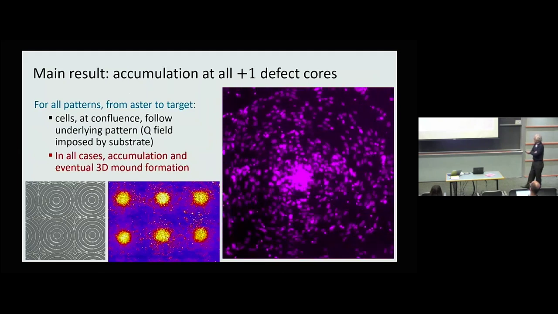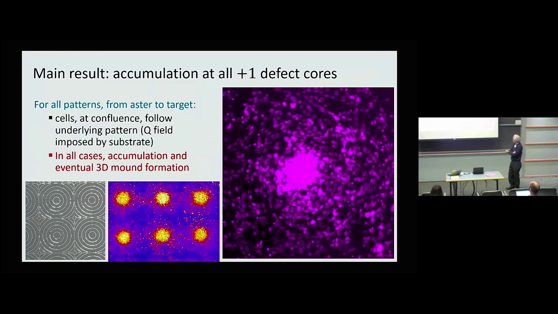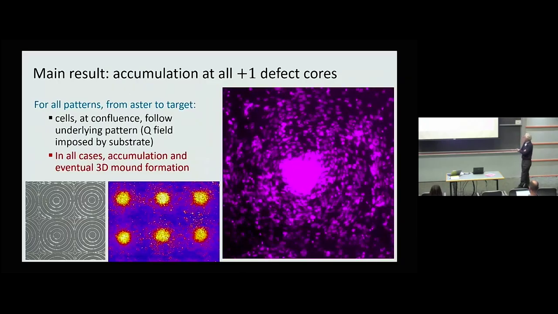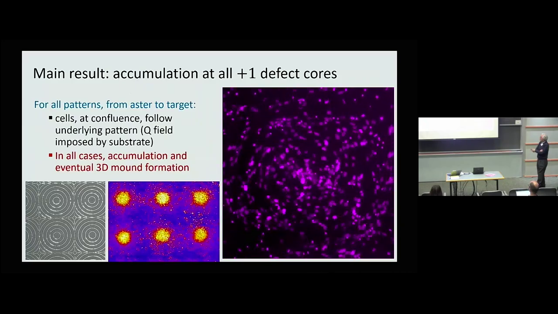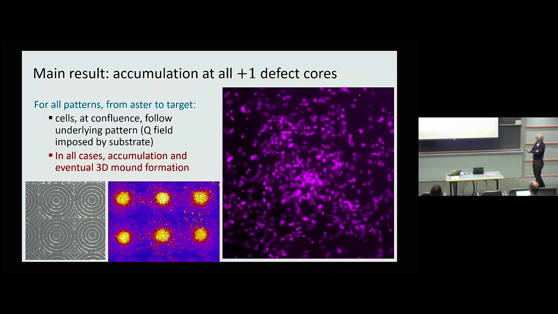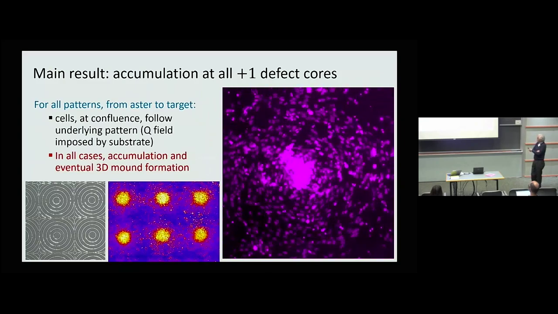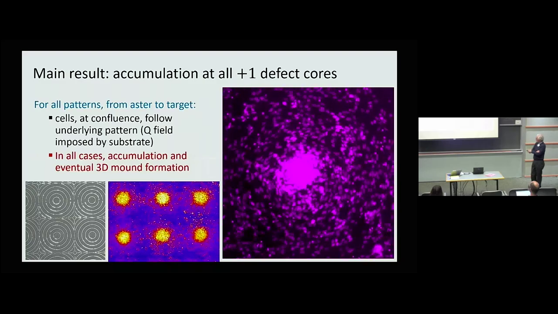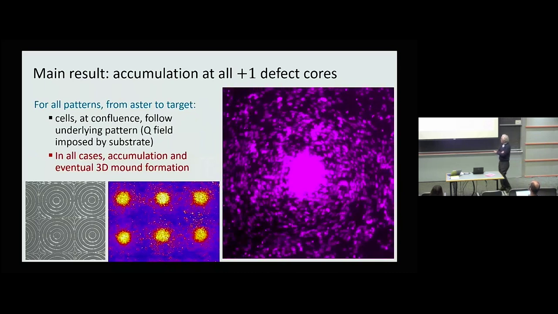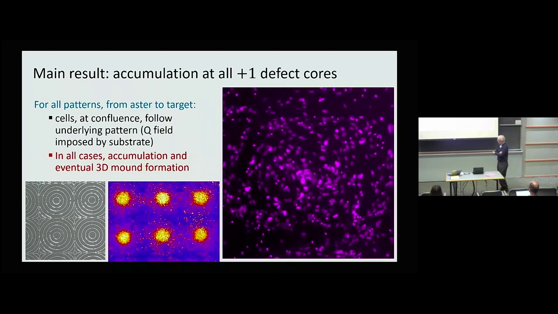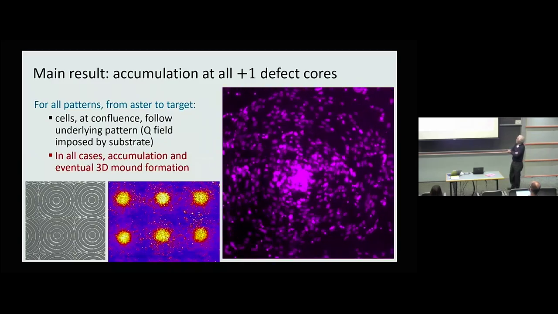So for instance, for the circular target pattern, we observed accumulation at the core of the +1 target defect. You see the motion of the nuclei, and they are essentially moving along the tangential direction, the theta direction. However, they gradually tend to move towards the core of the target pattern. And this was observed not only for the target pattern but also for the aster pattern and spiral patterns, which attract the cells towards the core.